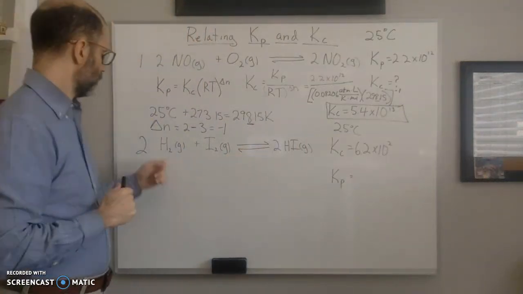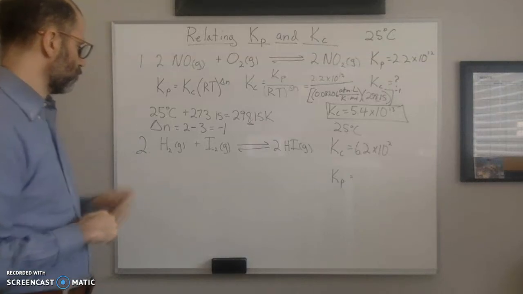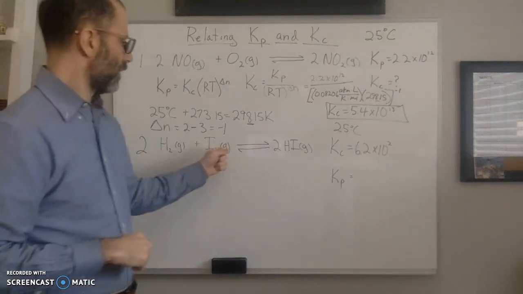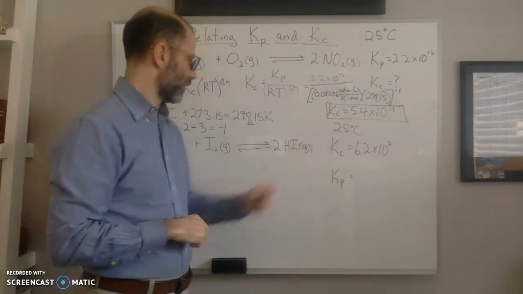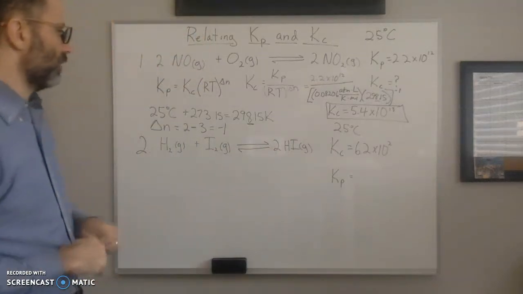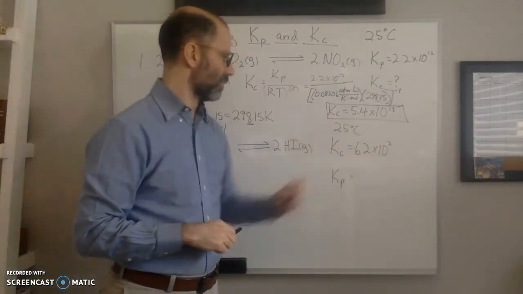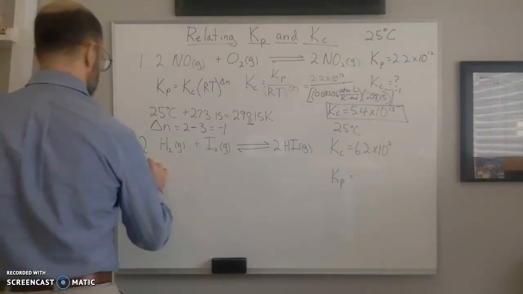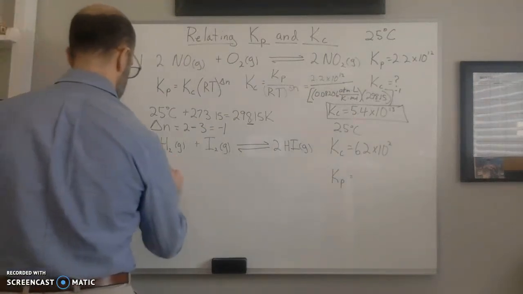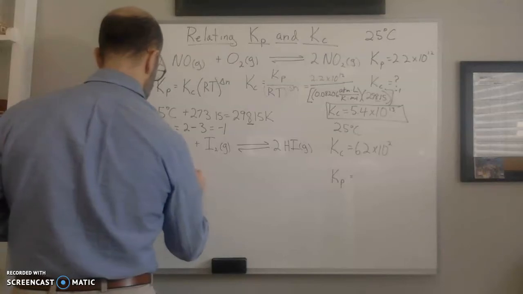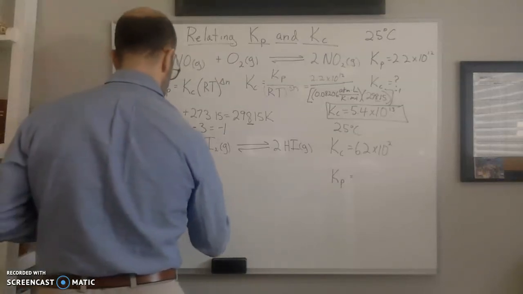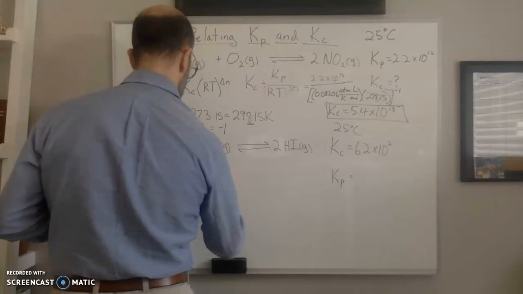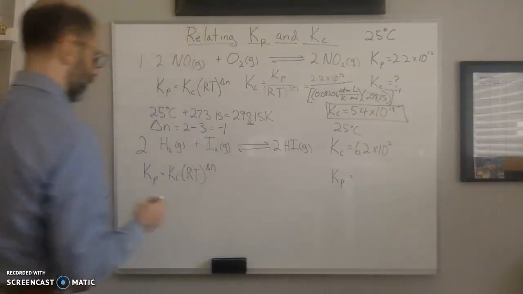Okay, what about problem number 2? Problem number 2, I have hydrogen gas plus iodine gas is going to give me 2HI gas. So here they're giving me the Kc, and now I want to find the Kp. So same equation. Kp is going to be equal to Kc multiplied by RT to the delta n.